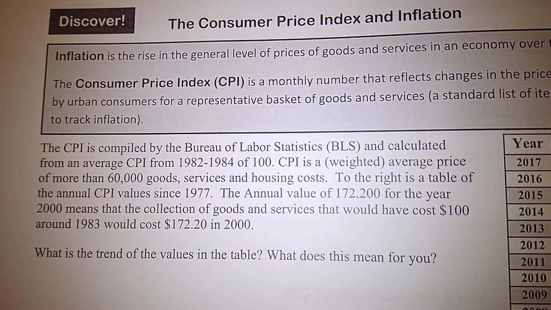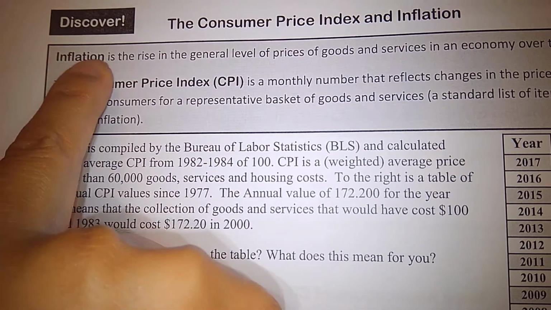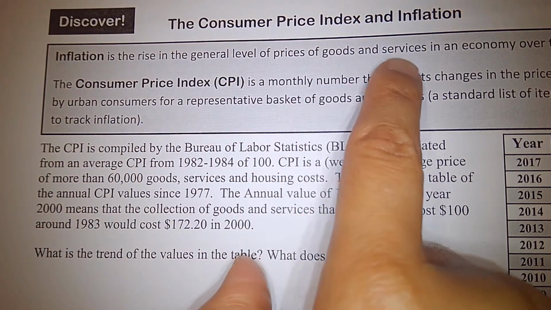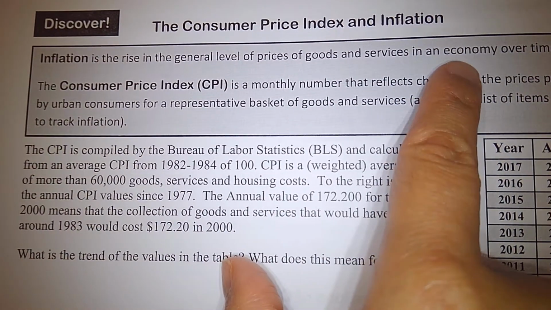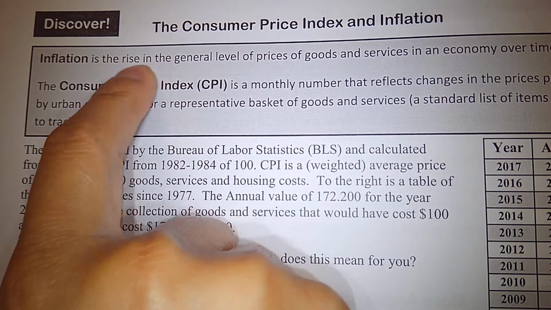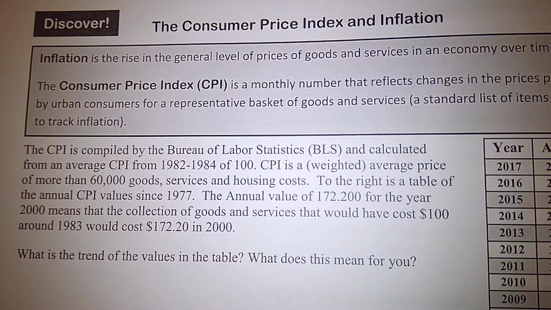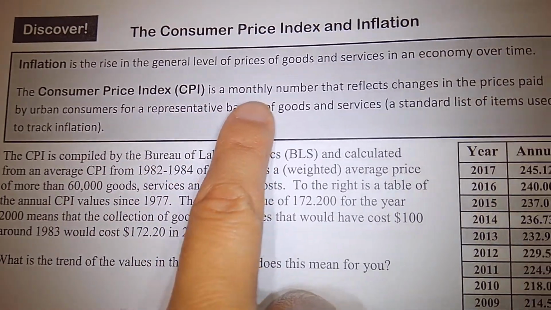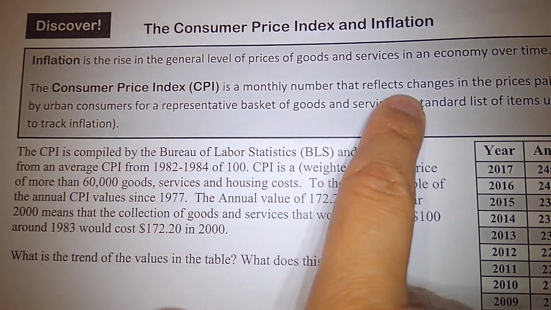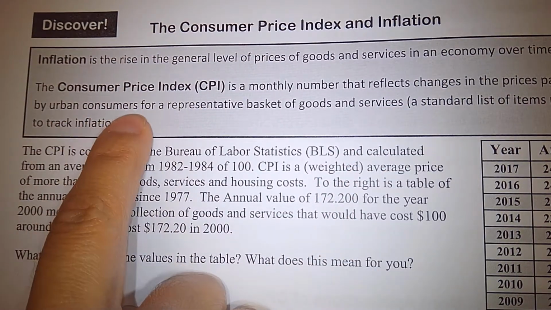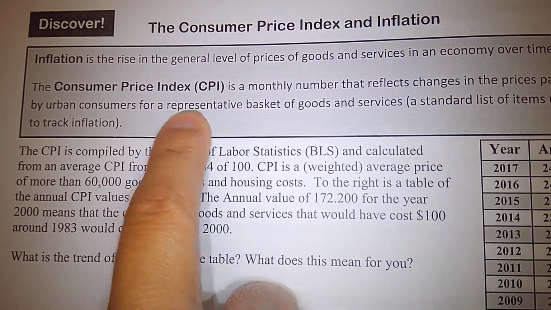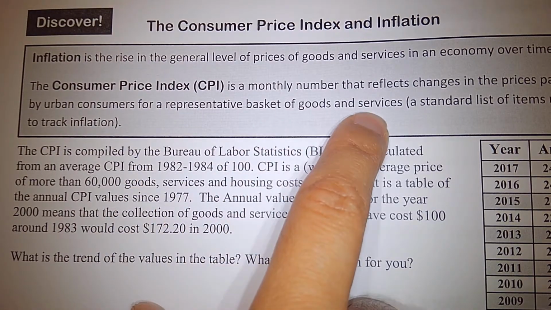Very good. Thanks. Okay. Have you heard about inflation? Everybody knows that, right? Inflation. The price of goods and services in the economy over time, okay? We have rise, okay? Over the time, the prices are rising, not decreasing, okay? CPI is a monthly number that reflects the changes in the prices paid by urban consumers for a representative basket of goods and services, okay?